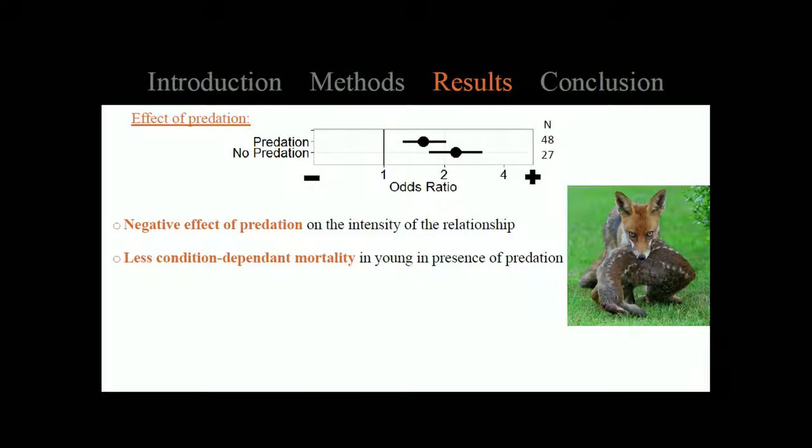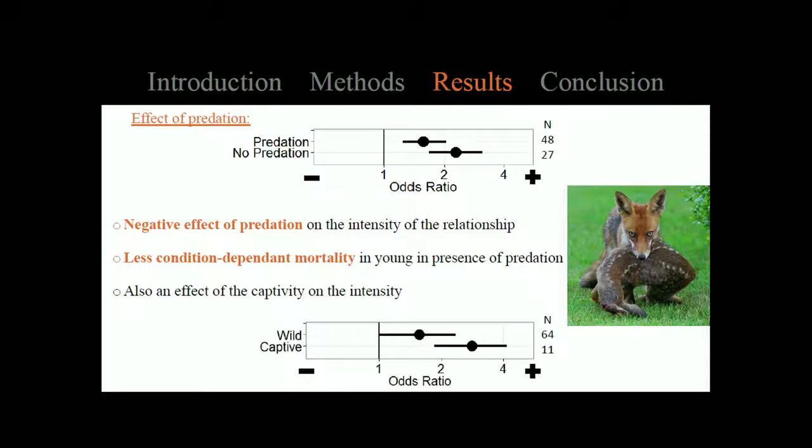It means that in the populations in which the individuals are dying from predation, there is less condition dependence. Also, there is an effect of captivity on the intensity of the relationship. There is a higher meta-analysis mean for the captive ones. So in captivity, there is a higher condition dependence than in the wild.